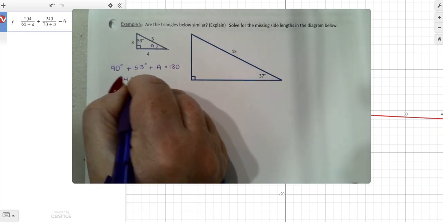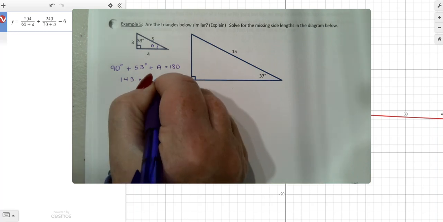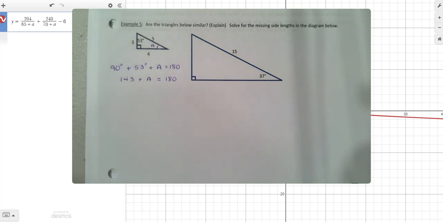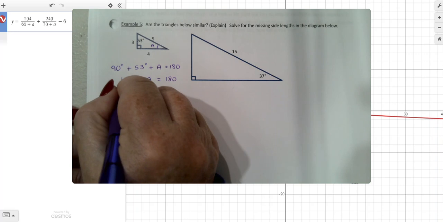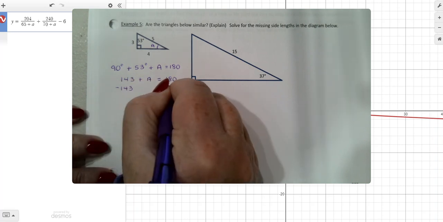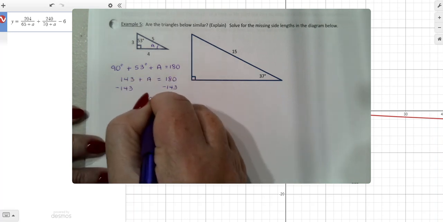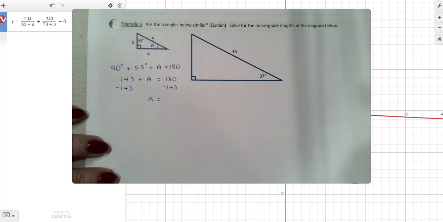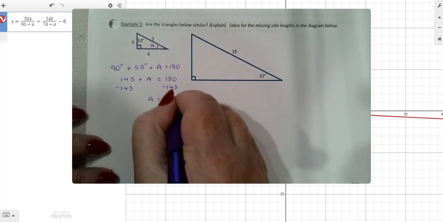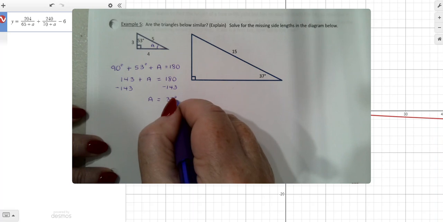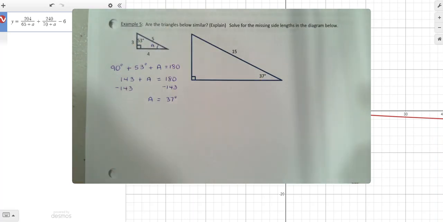That says 143 plus A equals 180. And if I subtract 143, I can see that I do get the A value of 37 degrees. Same as this one, so we're good there.